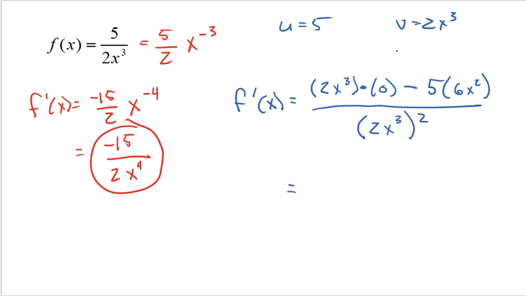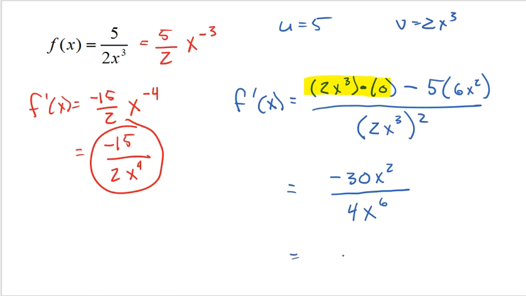All right, now I've got to clean it up. Well, this first part is easy because anything times 0 is completely wiped out. It's all gone. So all I have is negative 5 times 6, which is negative 30x squared, all divided by, now on the bottom, I've got to square this, right? So 2x cubed all squared becomes 2 squared, 4, x to the 6. When you have a power to a power, you multiply.